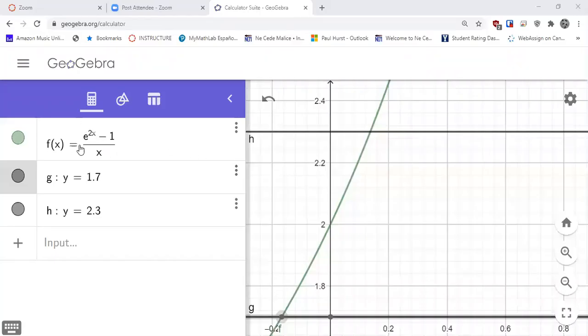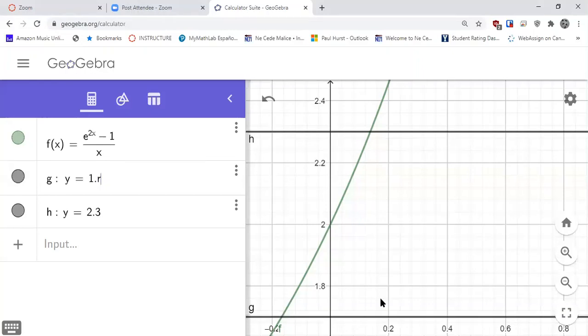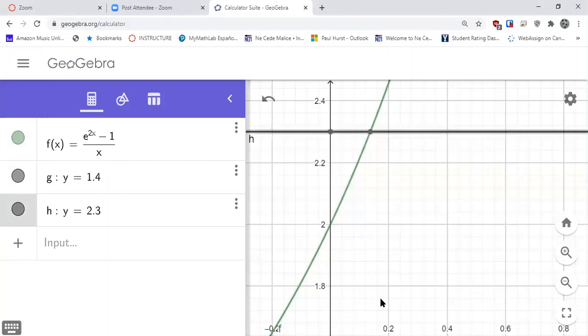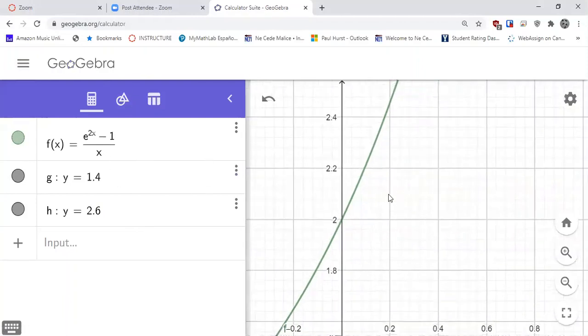So I put the function in right there, and then here I'm going to put in 1.4 and 2.6. If you go to Geogebra and come to the graphing calculator, it gives you this.